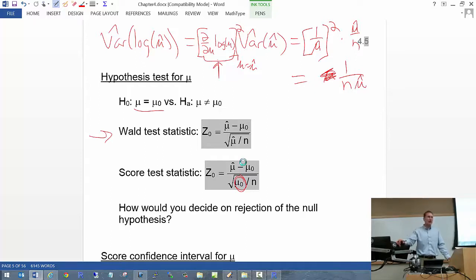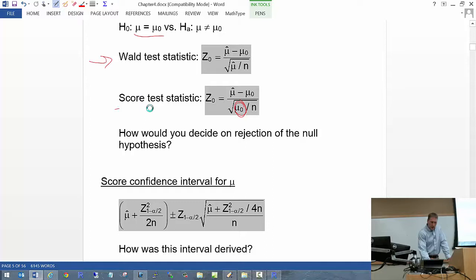Negative 1.96. That too. It's a two-tailed test because look at the numerator there. Basically you're looking at the difference between mu hat and mu 0. The farther they are apart, in either a positive or negative direction, the more evidence there is against the null hypothesis. So this would be a two-sided or two-tailed test. Use a standard normal approximation.